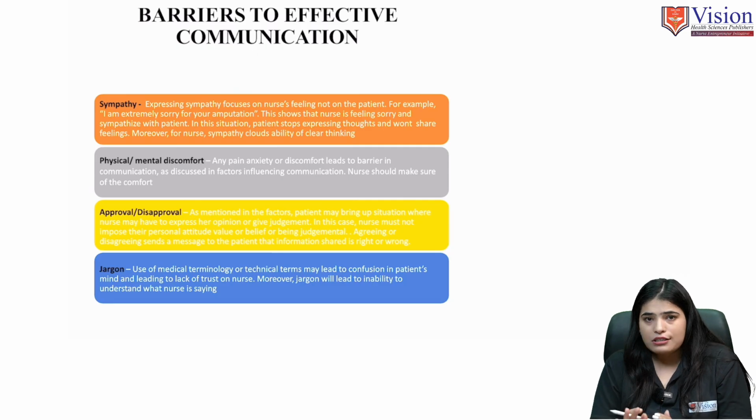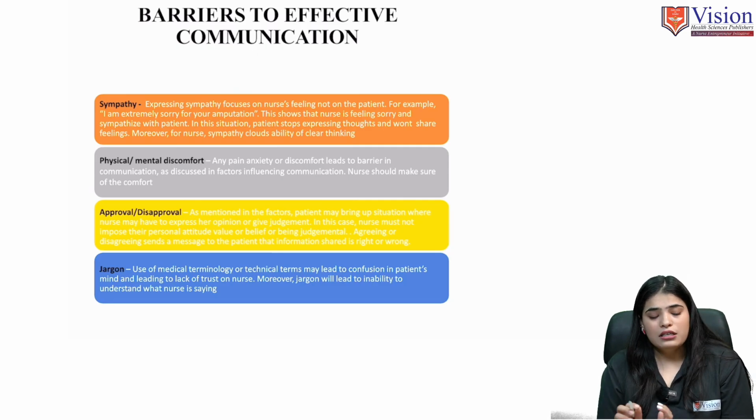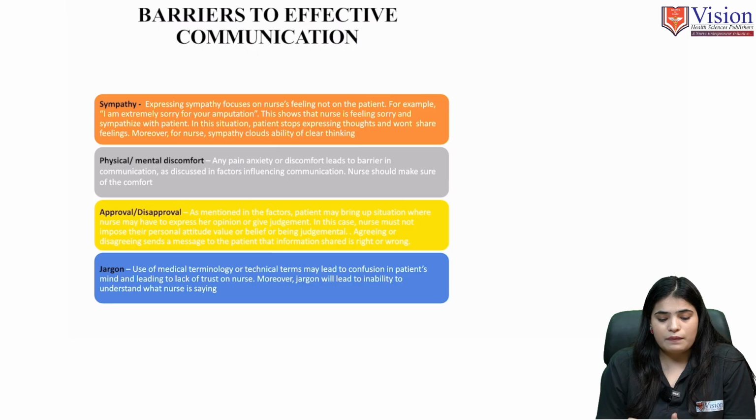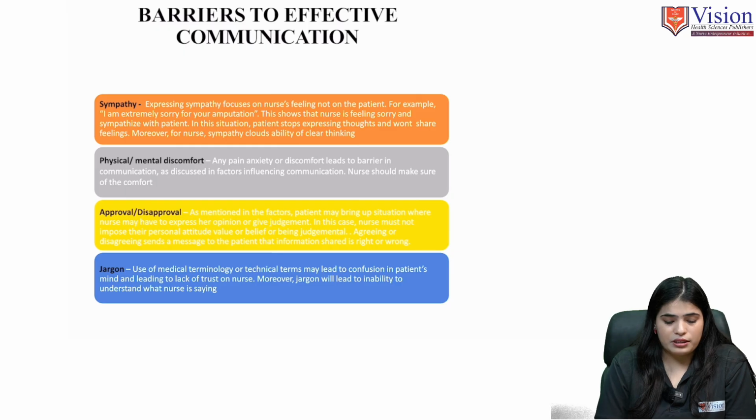As we all know, in nursing we focus on empathy rather than sympathy. What is sympathy? The nurse is feeling sorry for the patient, not feeling with the patient. Example: I am extremely sorry for your amputation. This shows the nurse is sympathizing with the patient, and we are focusing on empathy here.